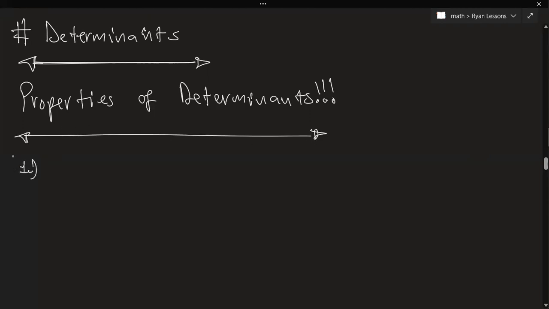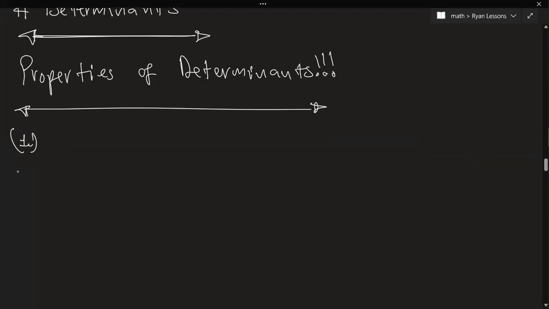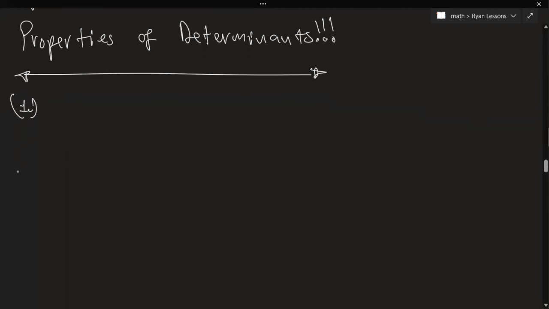What are the properties associated with determinants in linear algebra? One of them is that the determinant of the transpose is equal to the determinant of the matrix itself.